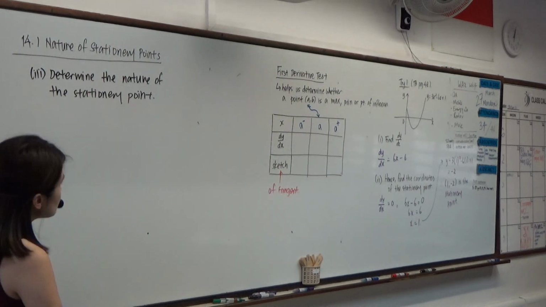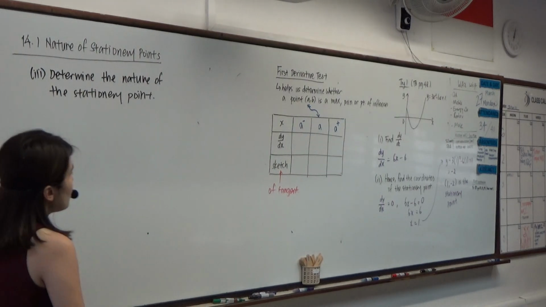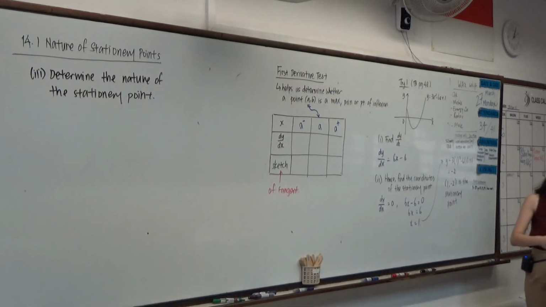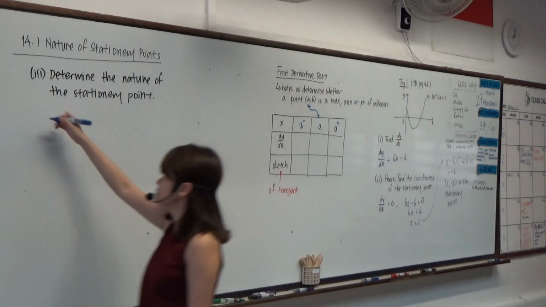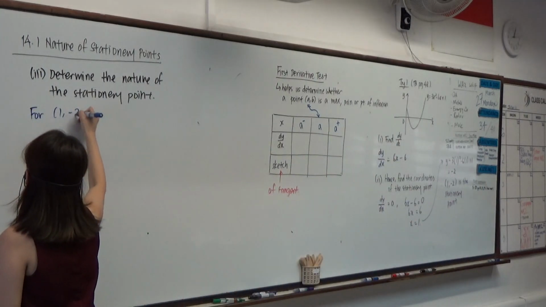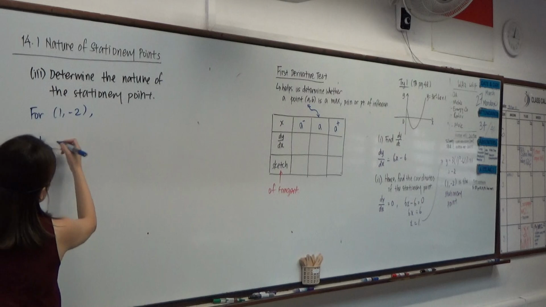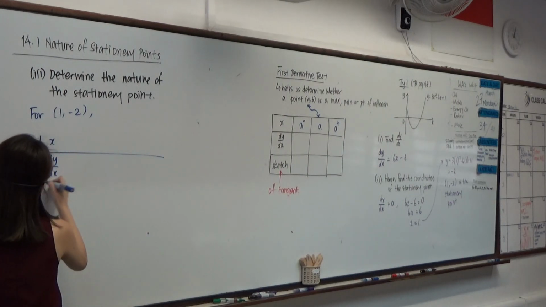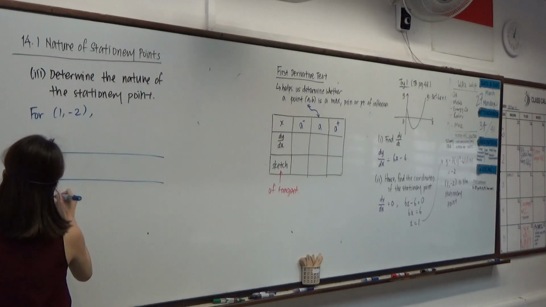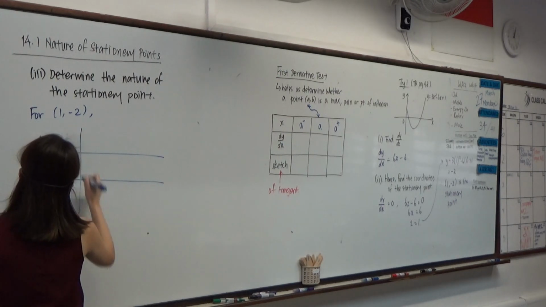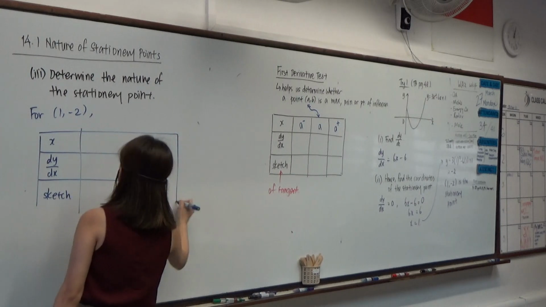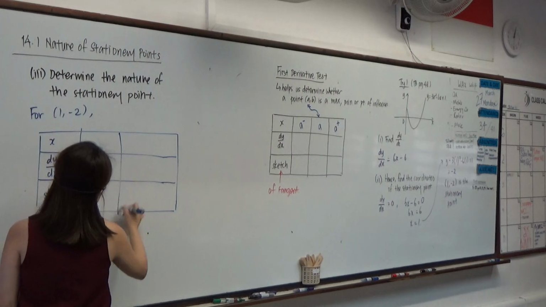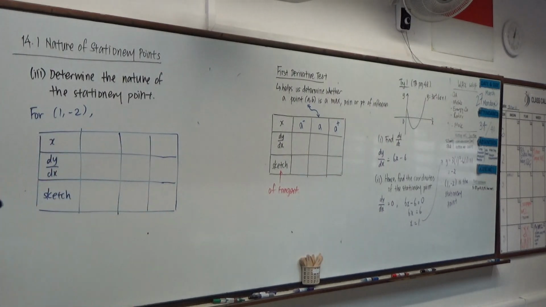So how do we use that? With the point (1, negative 2), we construct our table. As I mentioned earlier on, there will be 3 main columns.